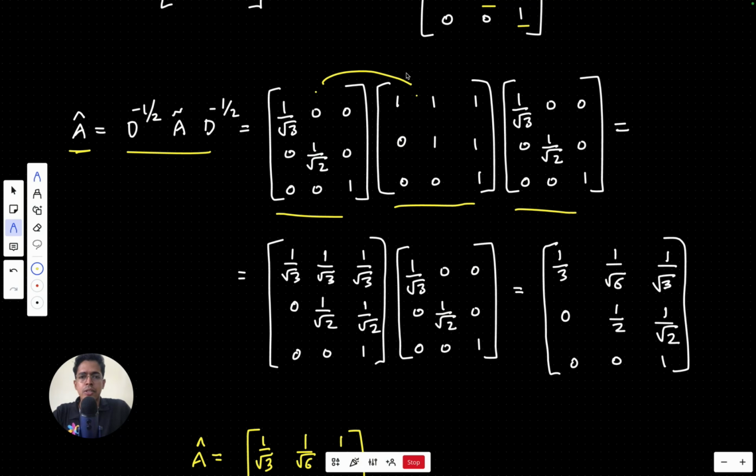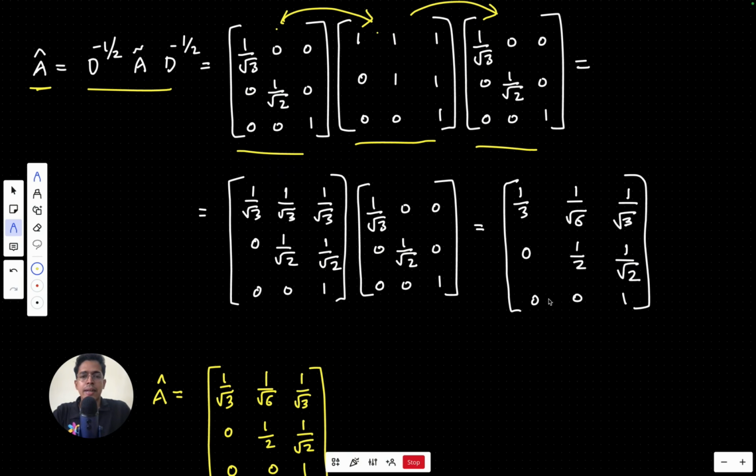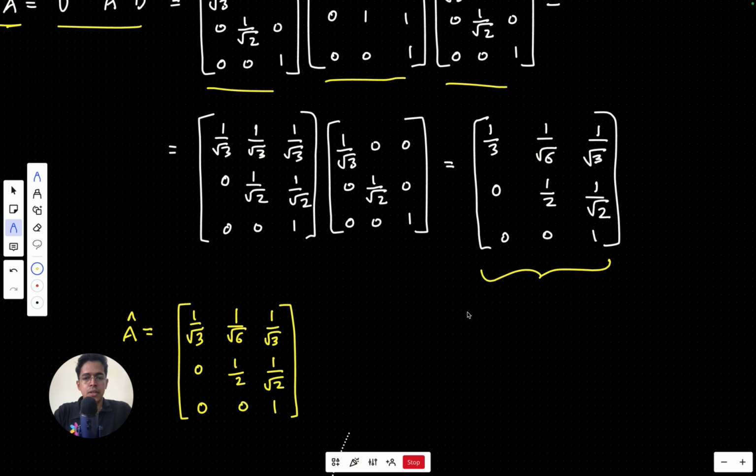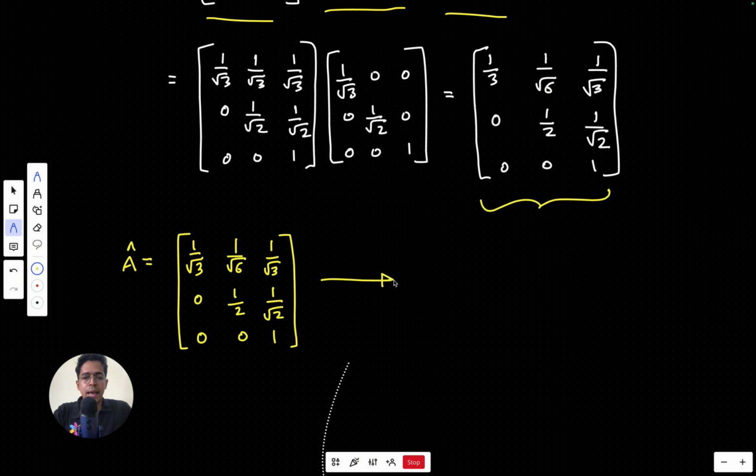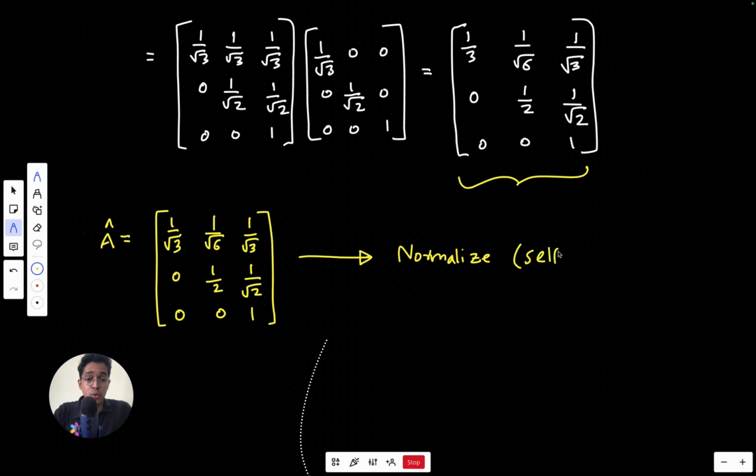So multiply these two, and whatever product we get, multiply that with this. So that is what I did here, and you get a resultant normalized adjacency matrix that looks like this. So this is A cap, which is the normalized self-looping adjacency matrix.